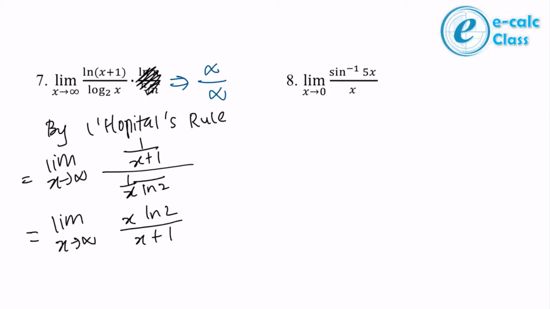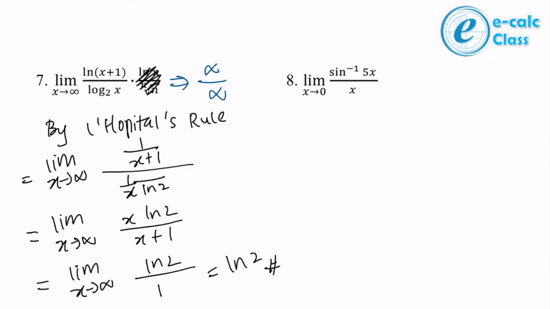No, we can't. It is still infinity over infinity. Then just differentiate again. Ln 2 is a constant. This is just 1 plus 0. So the answer will just be ln 2. Finish.